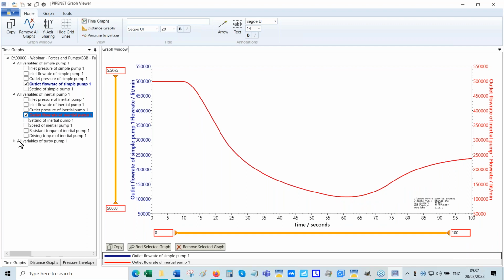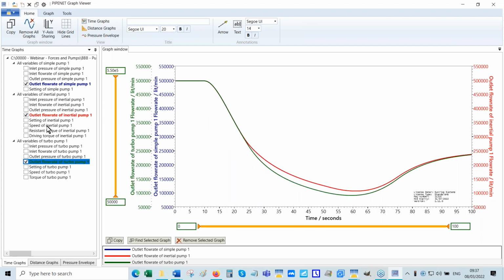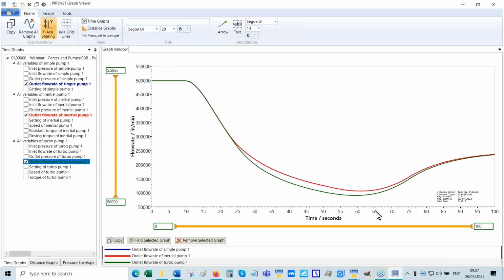See, it's a very small difference. But seeing that the models work quite differently, because don't forget, for the turbo pump model, we didn't supply the pump performance curve at all, whereas for the inertial pump and the simple pump, we supplied the pump performance curve.